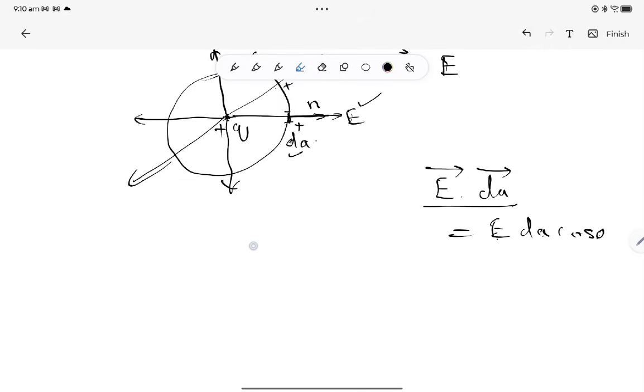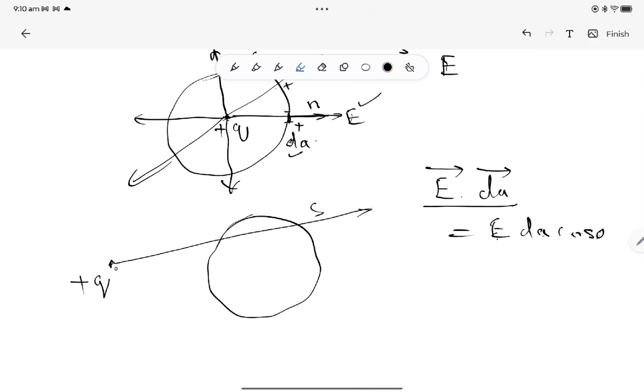Now to test whether what I said is true, first of all, let me not enclose any charge there. Let the electric field come from a charge that is outside, not inside this. So there is no net charge now inside this. So what is the flux through this? Well, you will see here the electric field line is going out.